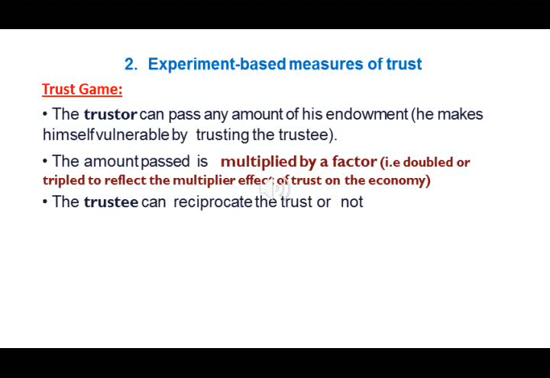That's why the trust game has to reflect this importance of trusting others, by multiplying the amount of money sent by the trustor to the trustee by a certain factor in order to reflect this importance of trust on the economy. The trustee, the other person, can then reciprocate the trust or not.